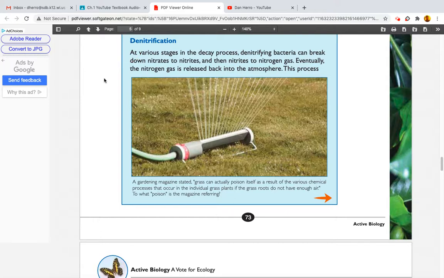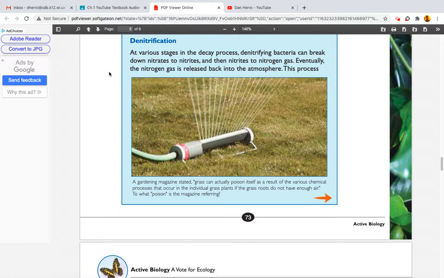Denitrification. At various stages in the decay process, denitrifying bacteria can break down nitrates to nitrites and then nitrites to nitrogen gas.